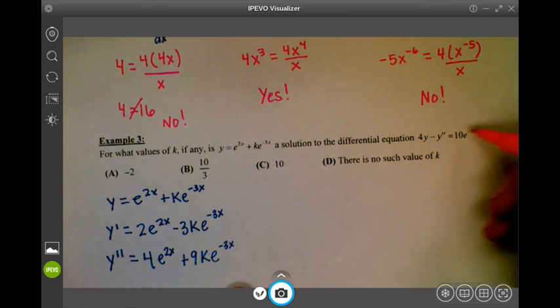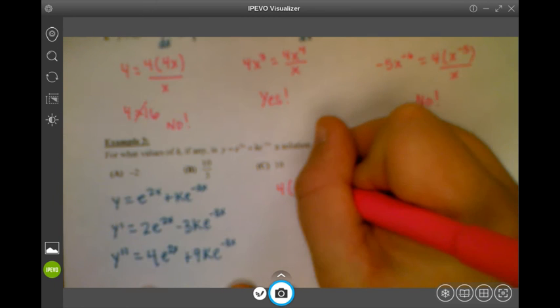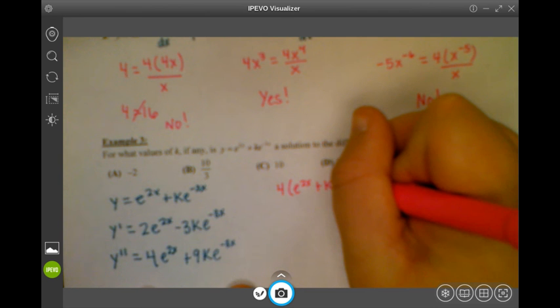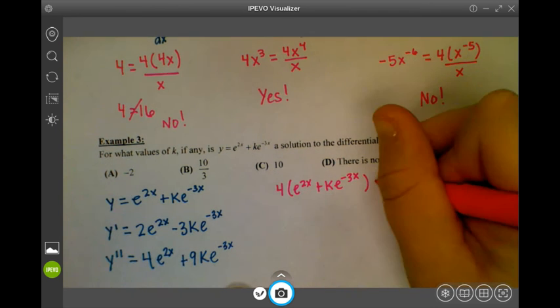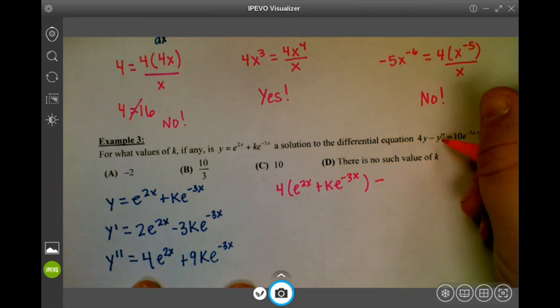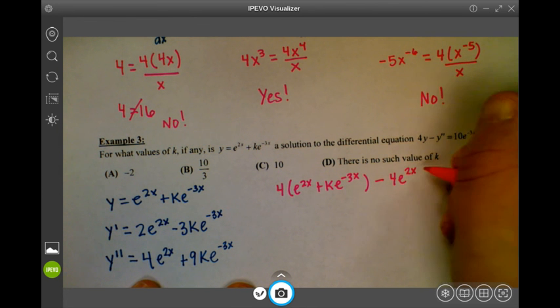All right, and then plugging in to our equation, we'll have 4 times y, and then minus y double prime, and this is minus both, so minus the first one and minus the second one.